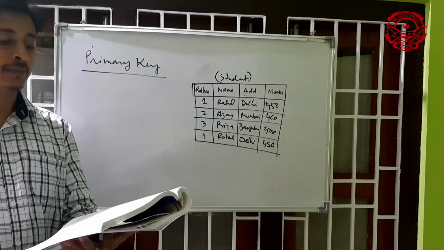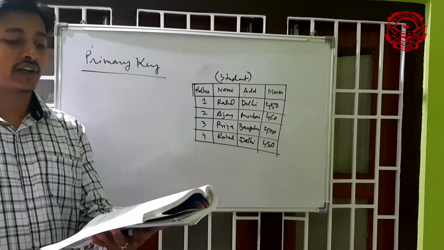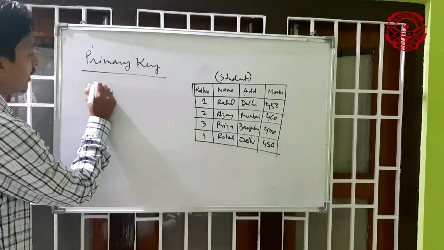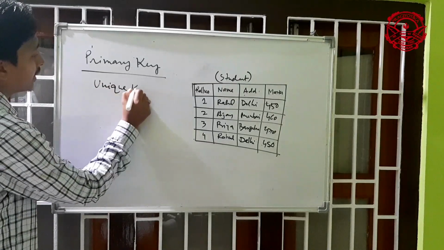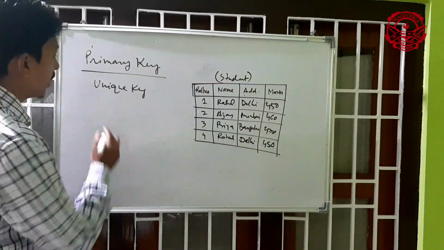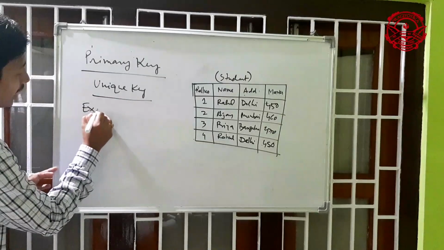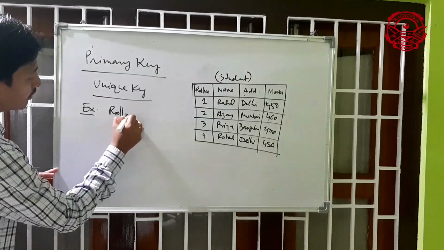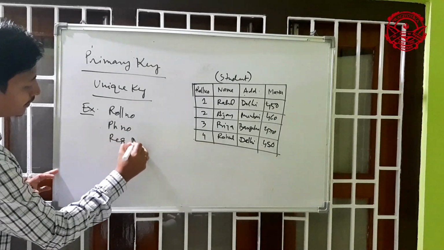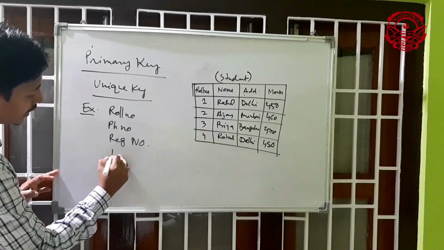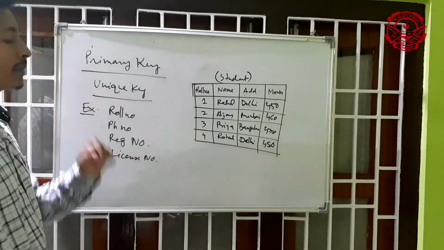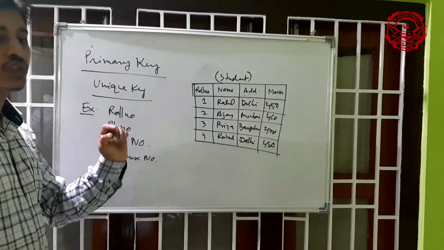It can be a part number, product code, employee ID, or an organization's roll number. Primary key means unique key, which uniquely identifies a record. Examples are roll number, phone number, registration number, license number.